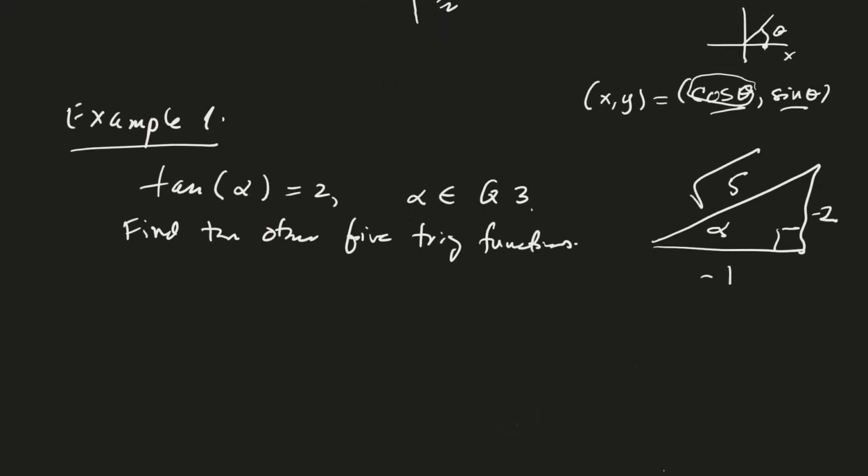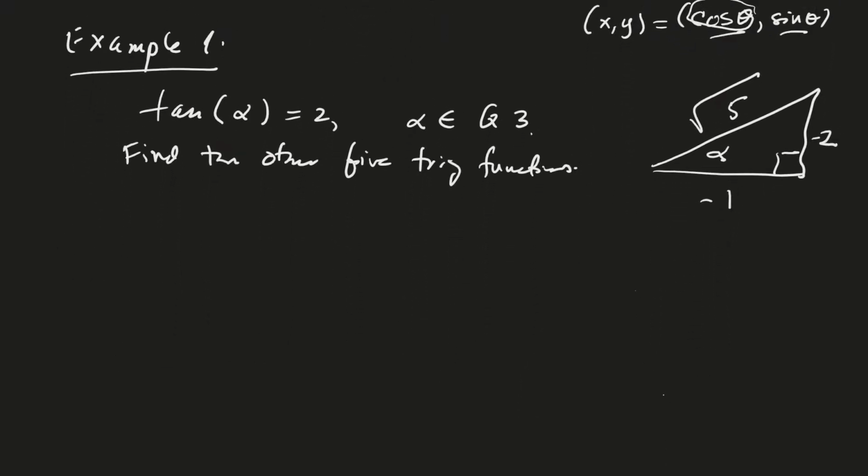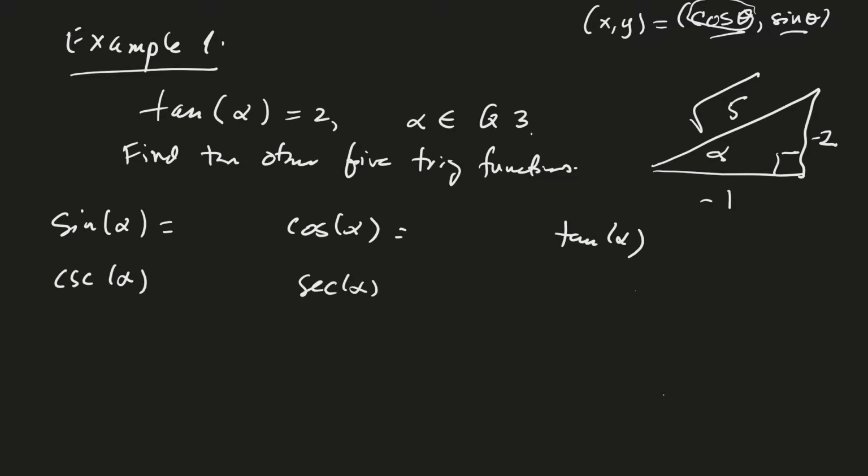Okay? But now given this, we can now create or evaluate our functions: sine, cosine, tangent, and then we have cosecant, secant, cotangent. Okay, we know tangent is 2, so we know cotangent is 1/2.